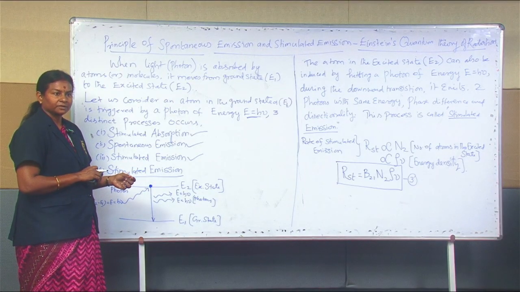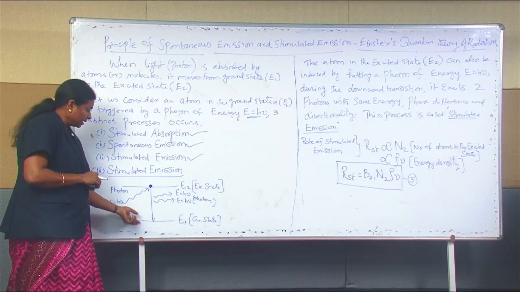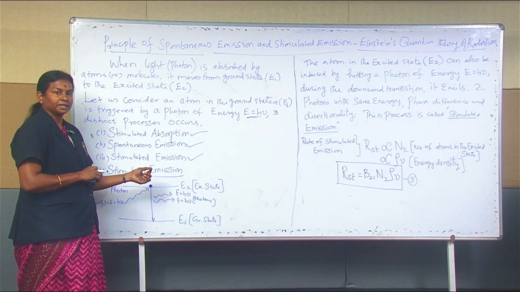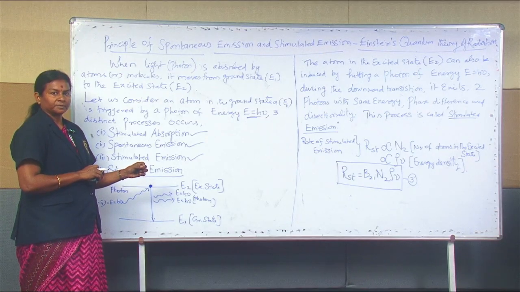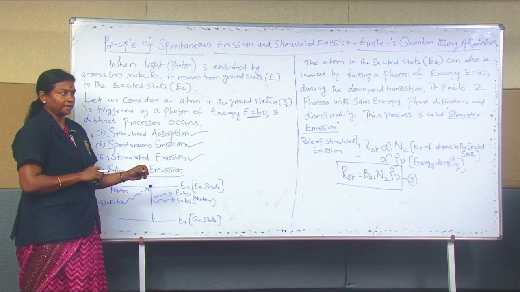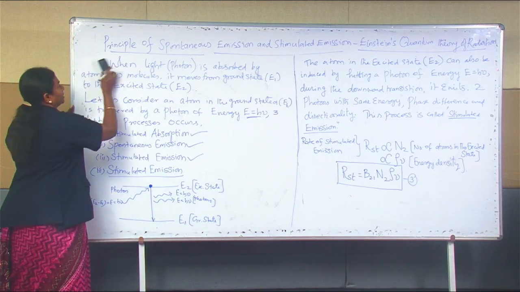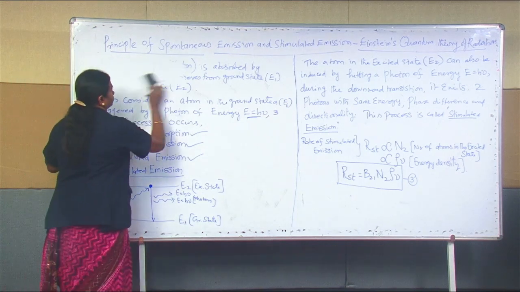Under thermal equilibrium, the population of the lower energy level and the higher energy level purely obey the Maxwell-Boltzmann distribution law. So, next here we are going to say this as Einstein's theory.